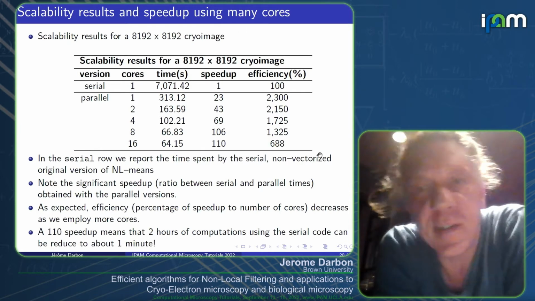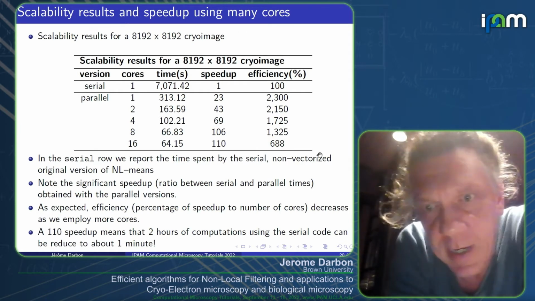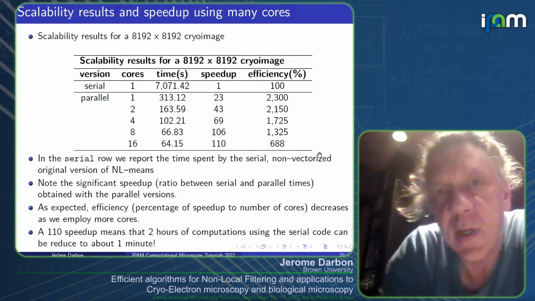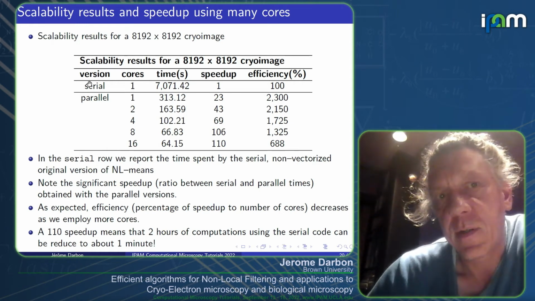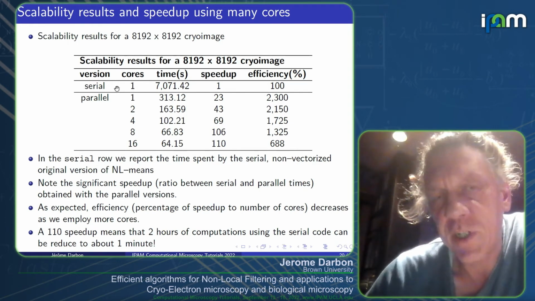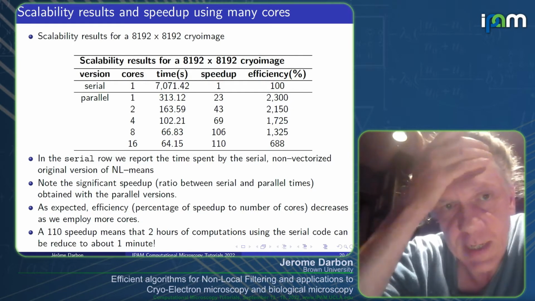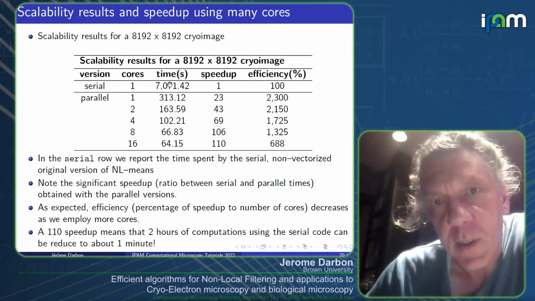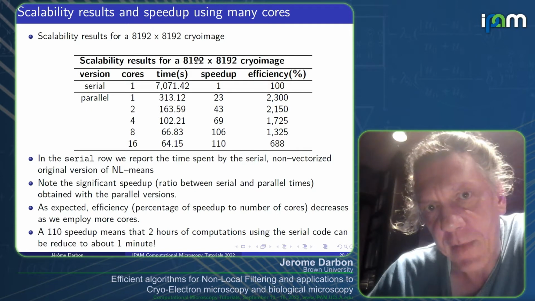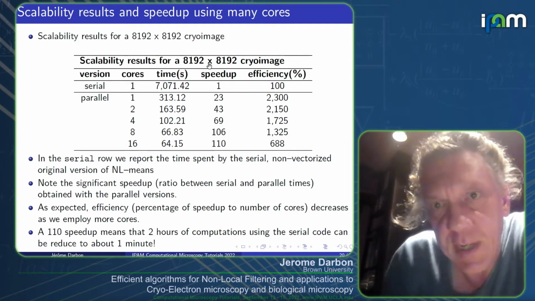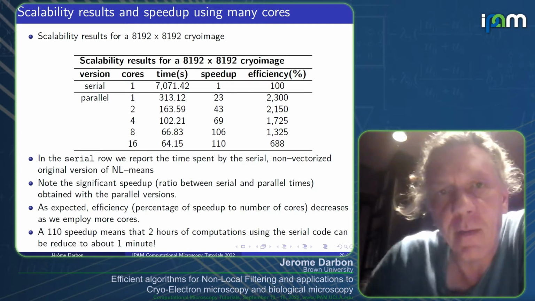And now, this is perhaps the most important slide for this algorithm. It compares the serial version, the original NL means method described by Morel and his co-authors, to process an 8,000 squared cryo image.